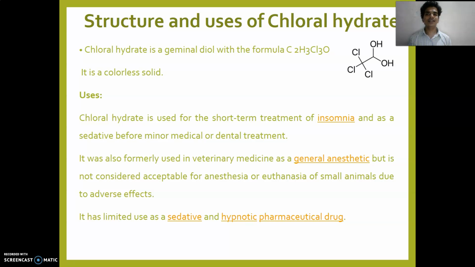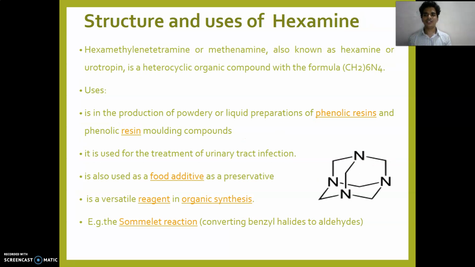It was formerly used in veterinary medicine as a general anesthetic for animals, but it is not considered acceptable for the anesthesia or euthanasia of small animals due to adverse effects. Euthanasia means painless killing of animals. So it has limited use as a sedative and hypnotic in pharmaceutical drugs.